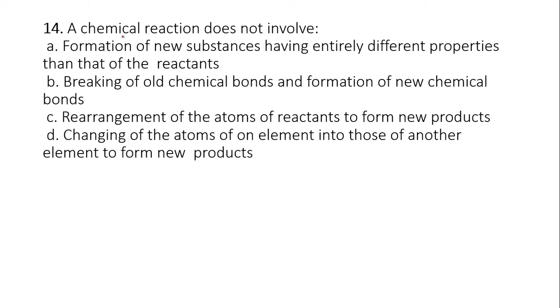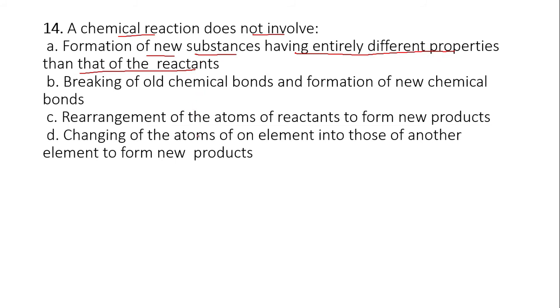Next question says, chemical reaction does not involve what? There are 4 statements given, out of which one statement is incorrect. That only we have to say, which one is not correct about chemical reaction. The first statement says formation of new substance having entirely different properties than that of reactant. Yes, this is true.